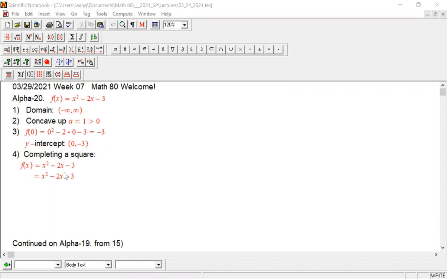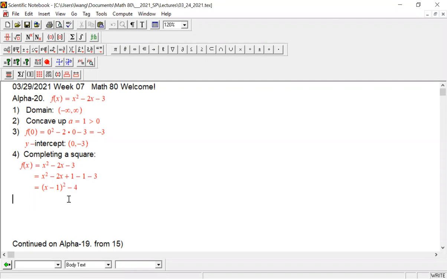No answer. All right, so I'm going to do it. Well, you guys can watch the recording. So I'm adding one, subtracting one, and the first three terms make a perfect square. That's going to be x minus 1 squared, and minus 1 minus 3 makes minus 4.